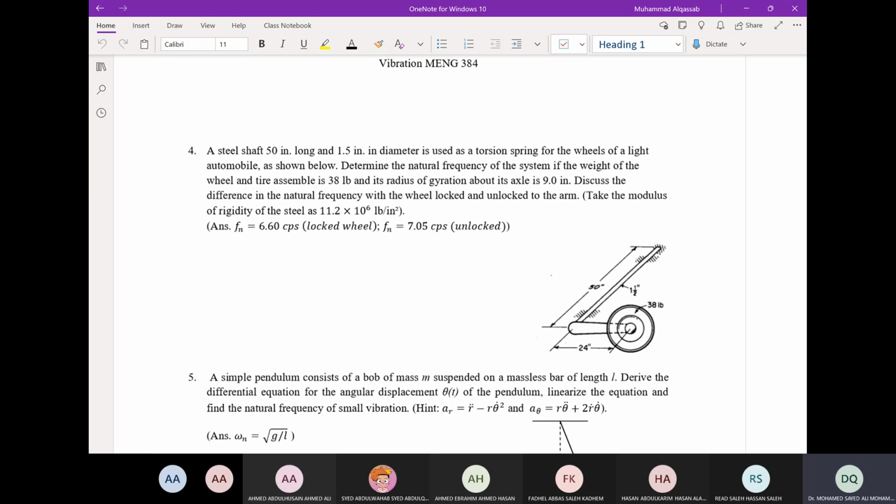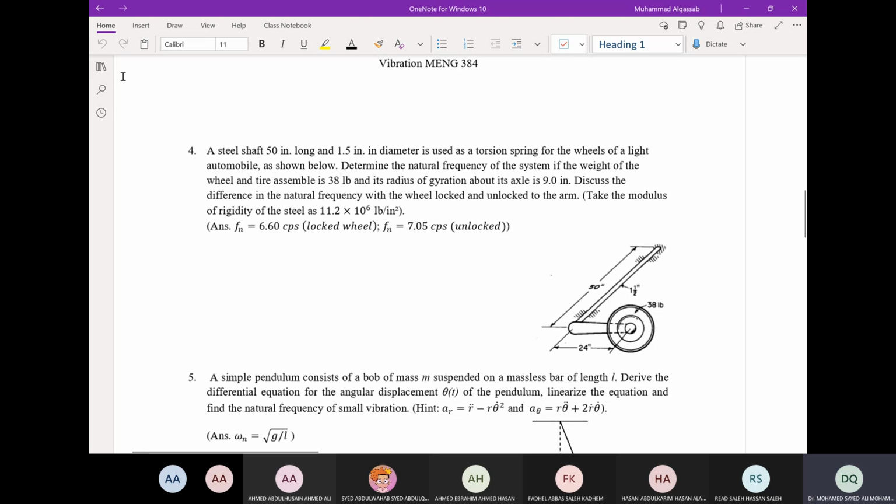Determine the natural frequency of the system if the weight of the wheel and tire assembly is 38 pounds and its radius of gyration about its axle is 9 inch. Discuss the difference in the natural frequency with the wheel locked and unlocked to the arm. And the moment of inertia, take the modulus of rigidity of the steel as 11.2 times 10 to the power 6 pound per inch squared.